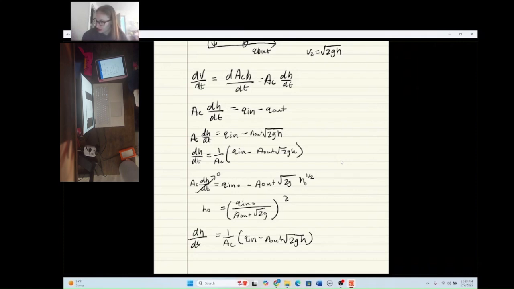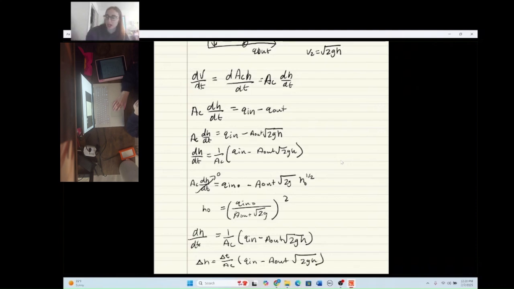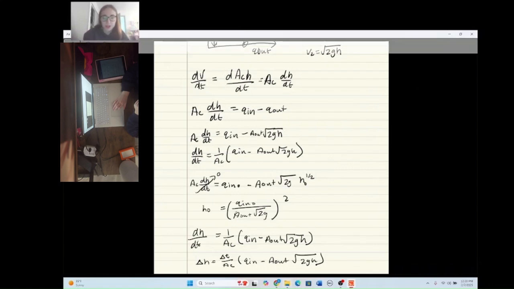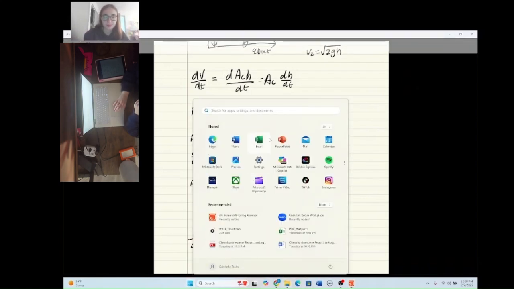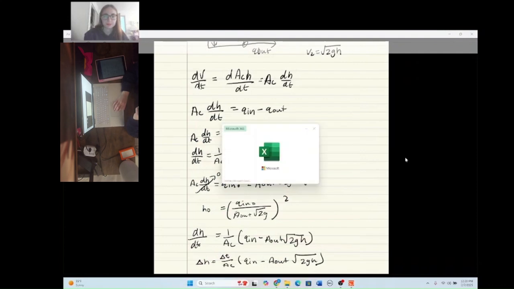So it's pretty much just going to be delta H equals 1 over Ac. Actually, I can change that from 1 over Ac to the change in time over Ac, so delta t, and then Qin minus A out square root of 2gh. Okay, so we're going to use this in Excel to find the change in height. Okay, so let's go to Excel.